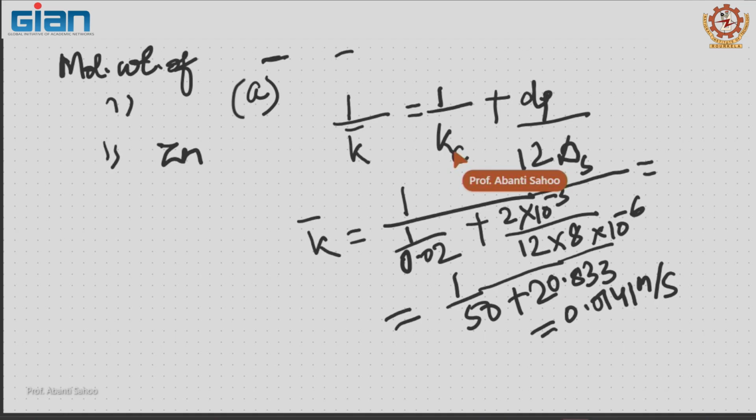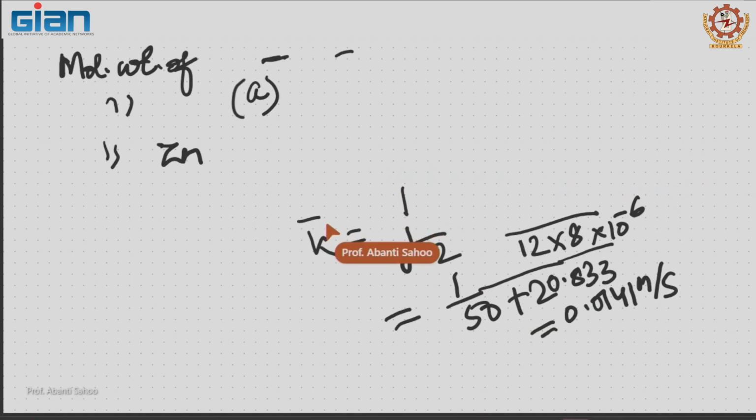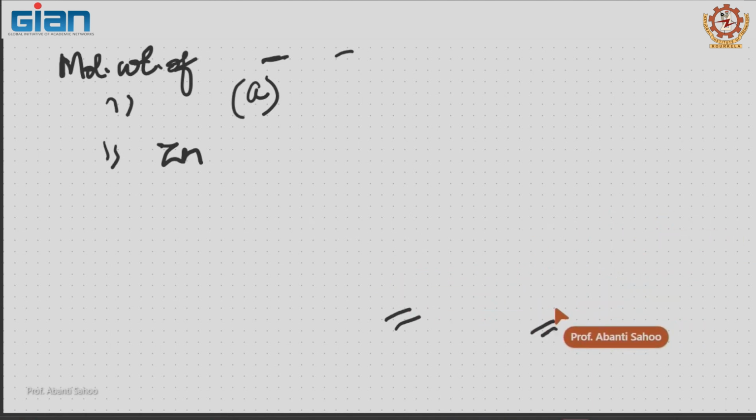This shows how the model is fitting, because it is neither completely the uniform reaction model nor the shrinking core model. Okay, so the time required for complete conversion we have to find out.